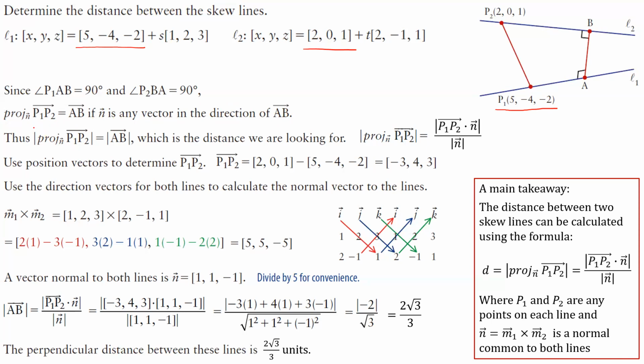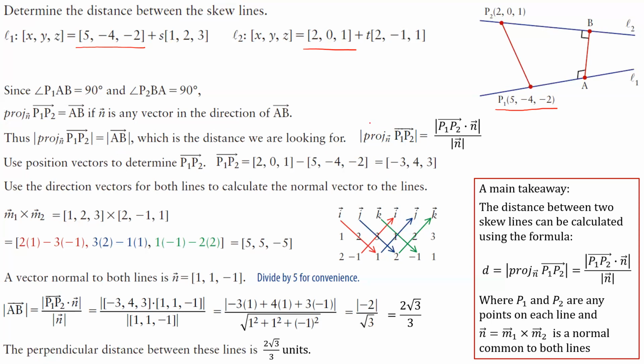Thus, the magnitude of the projection of vector P1P2 on vector N should equal the magnitude of vector AB, right? Which is the distance we are looking for.